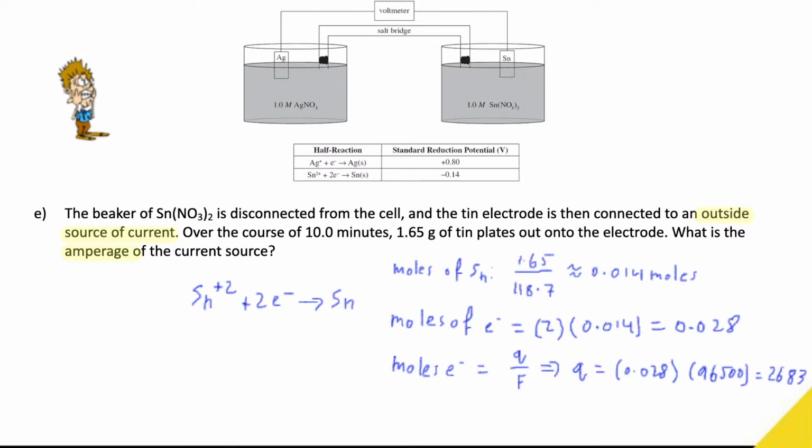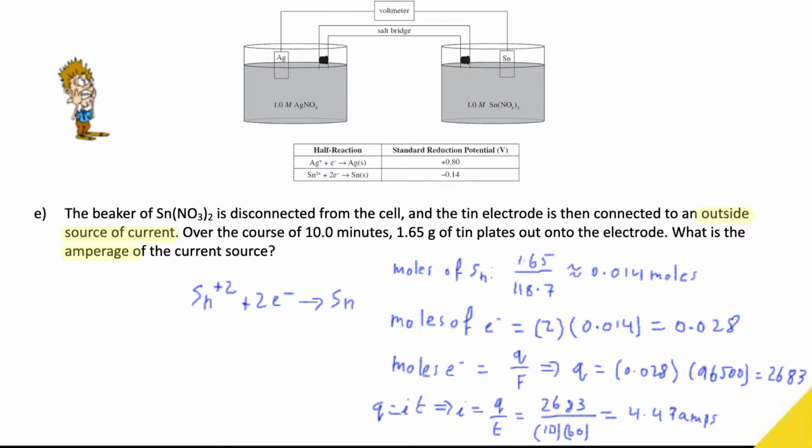Now I know charge is equal to the current times time, which means the current is equal to the charge over time. The current is 2683 over the time, and the time they give me here is 10 minutes. I need it in seconds, so I'm going to multiply it by 60, which gives me 4.47 amps.